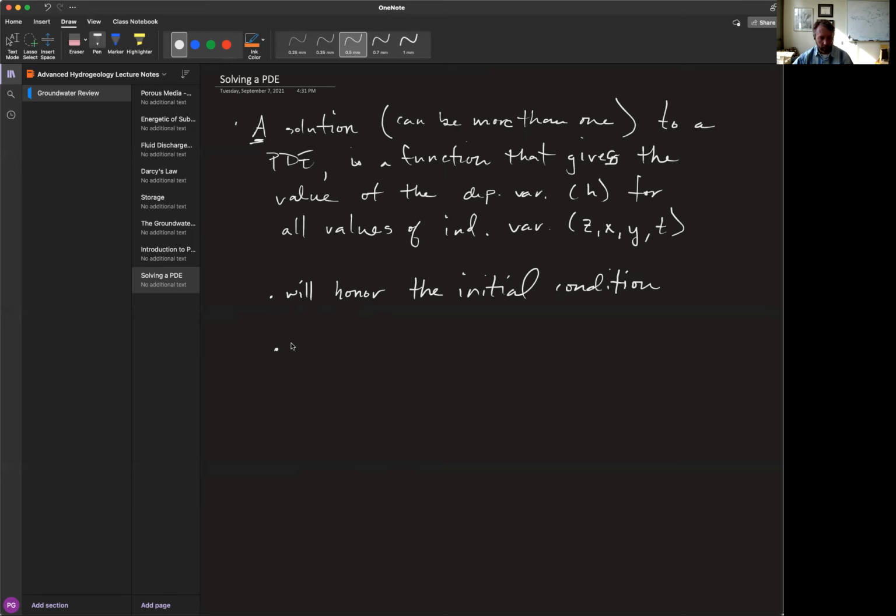And it will honor all the boundary conditions. What boundary conditions are, let's say we want to know what the groundwater head looks like in an aquifer.